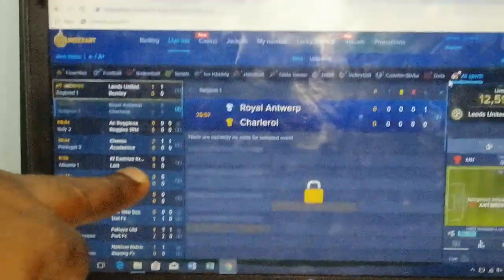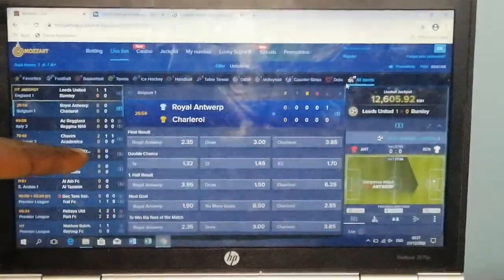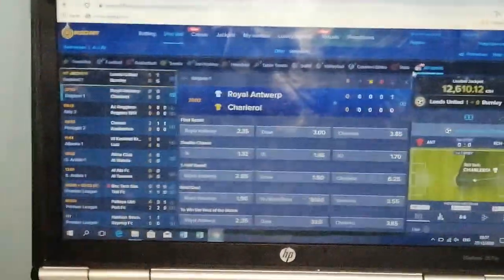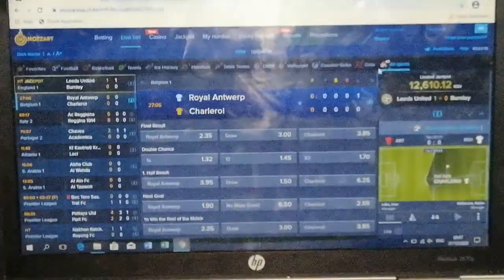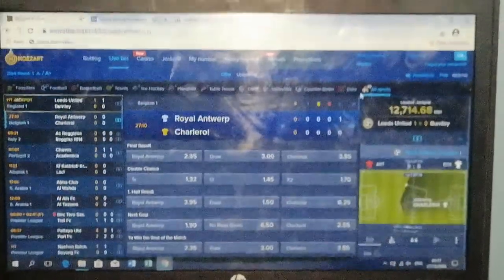So a goal is about to be scored. At this point is where you have to be very careful, for this is where a difference is created. You can either secure your money or you can't lose your money.